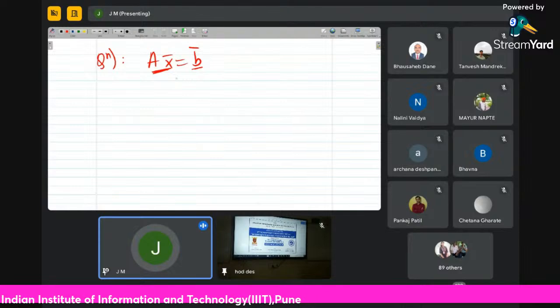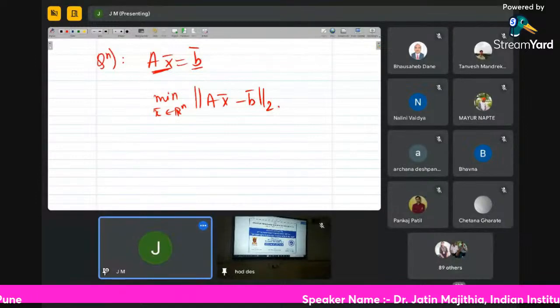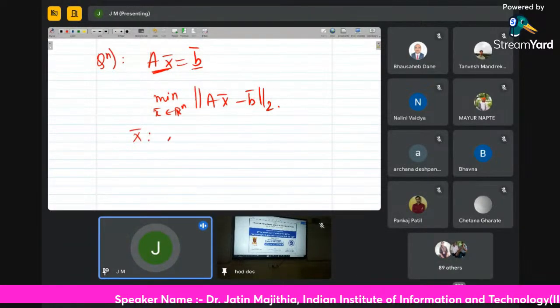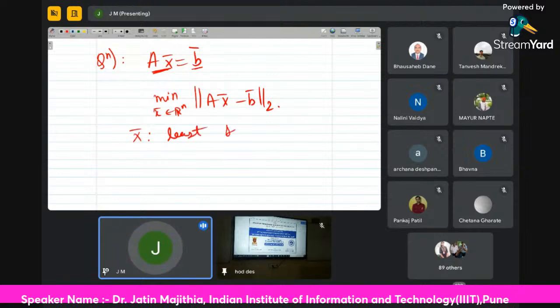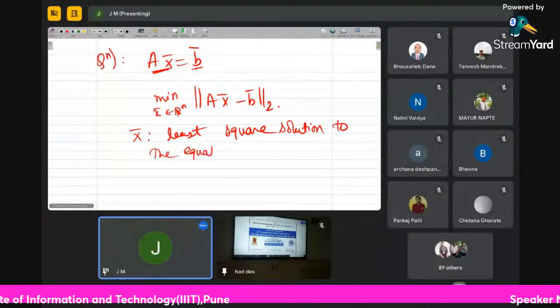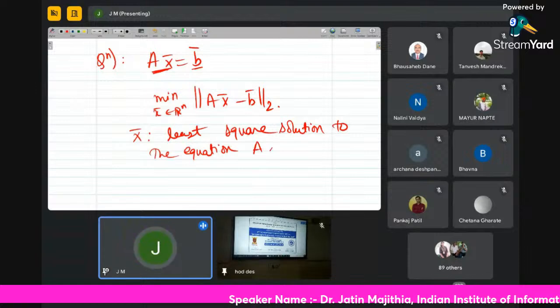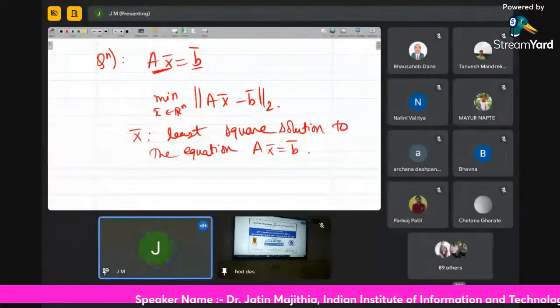My X bar belongs to Rn. How to minimize this? Once I minimize this, my X bar is called the least square solution to the equation AX bar equal to B bar.